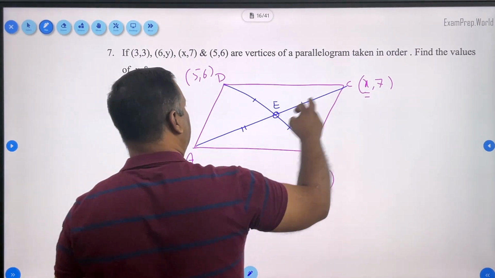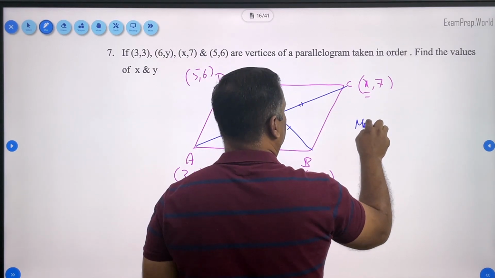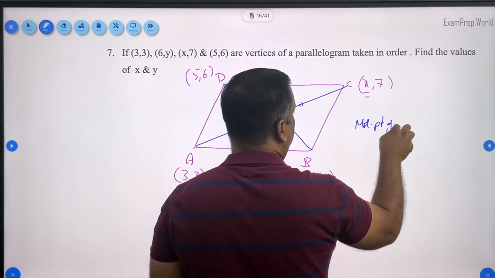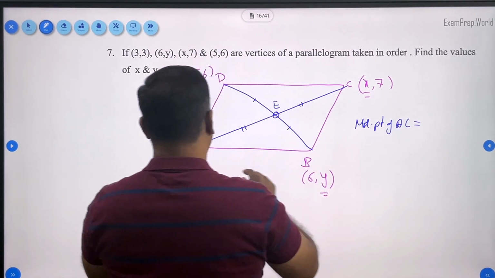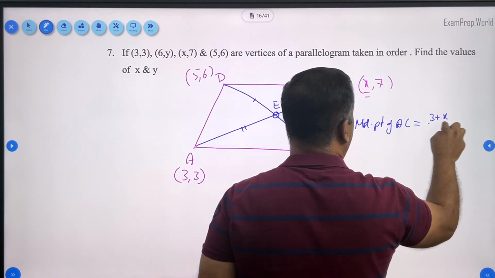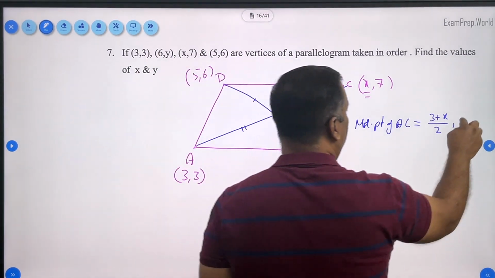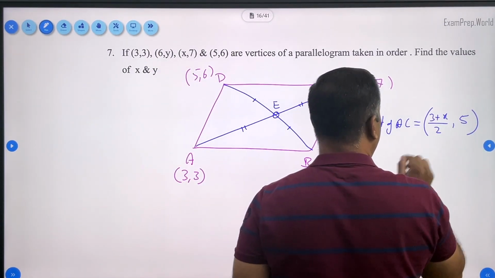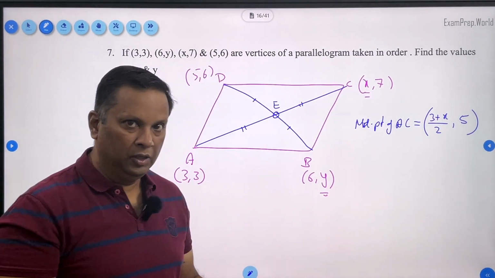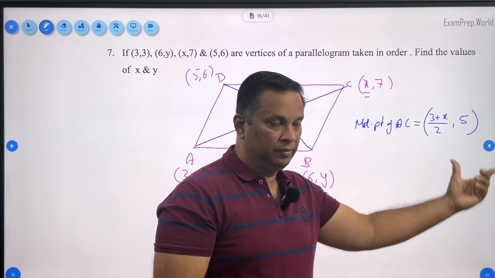So let us calculate the midpoint of AC. Midpoint of AC is 3 plus x divided by 2, and 3 plus 7, 10 divided by 2, 5. Midpoint of AC: 3 plus x divided by 2 and 5.